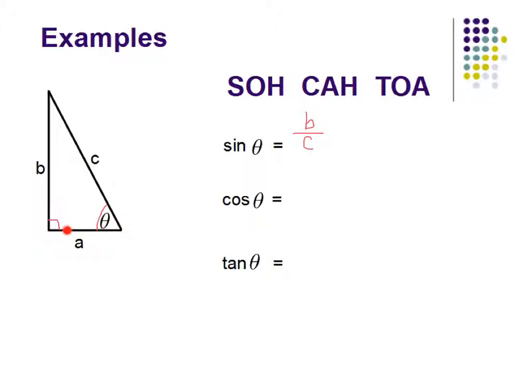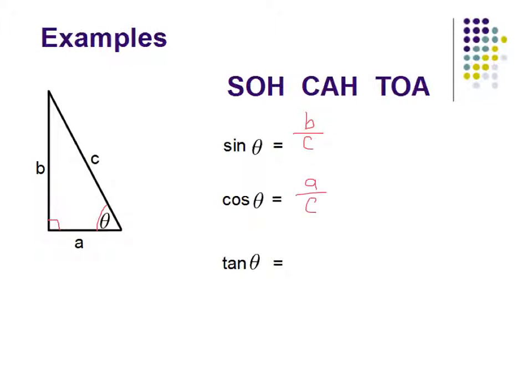So this is my adjacent leg. It's next to the theta. And then the C here is always that hypotenuse that's across from the right angle. So C is my hypotenuse. So adjacent is A, hypotenuse is C.